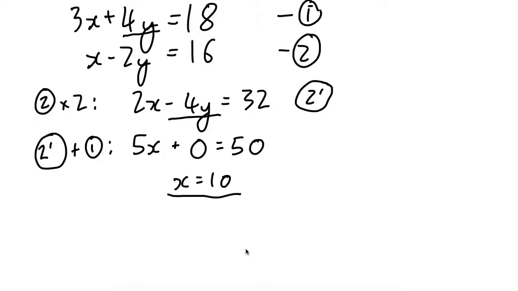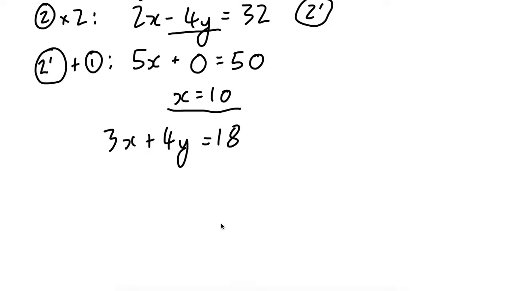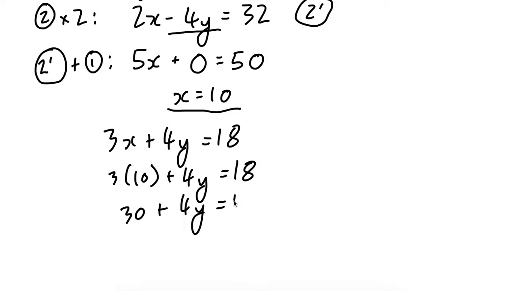So now that we know x equals 10, we can sub that back into either of the equations to find the value of y. Let's do it in equation 1 just for the heck of it. So if we go into equation 1, 3x plus 4y equals 18, because this is good algebra practice as well. 3 times 10 plus 4y equals 18. 30 plus 4y equals 18.